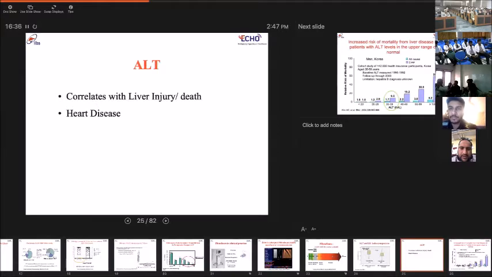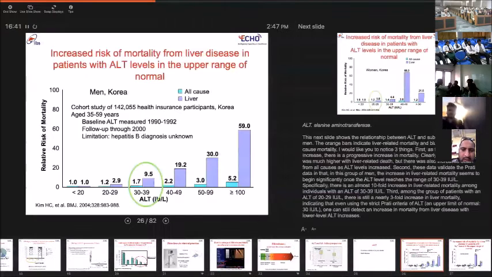ALT also correlates with the liver injury. It also correlates with the risk of heart disease. So this basically shows that with the elevation of the ALT, there is increased risk of mortality in patients with liver disease as compared to patients who have a normal ALT level.